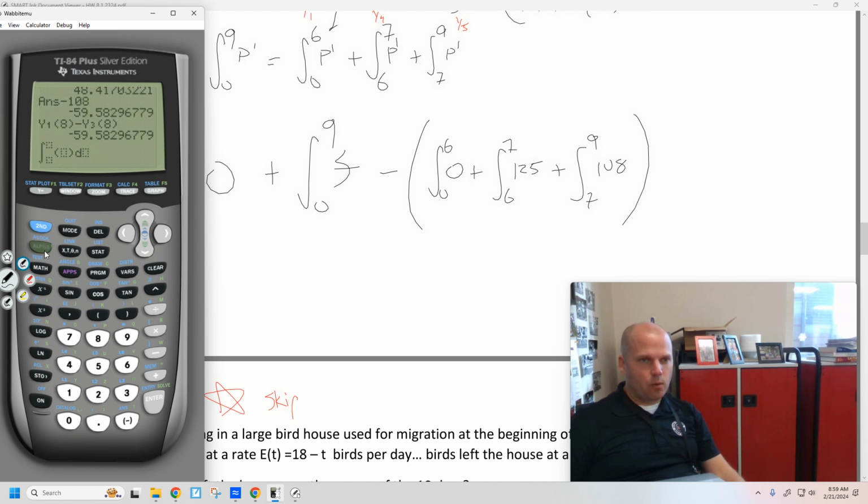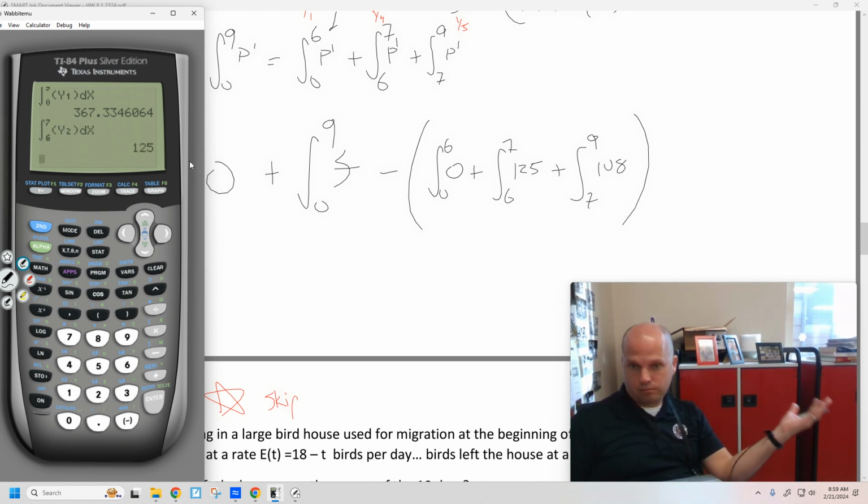Let's accumulate Y1 from 0 to 9. Now notice it's 0 to 9 because snow fell over the 9 hours. Let's get the total out. 6 to 7 of 125. This is Y2, or you can just type in 125. 125. Boom.